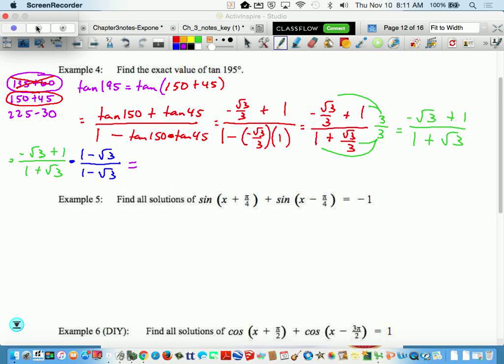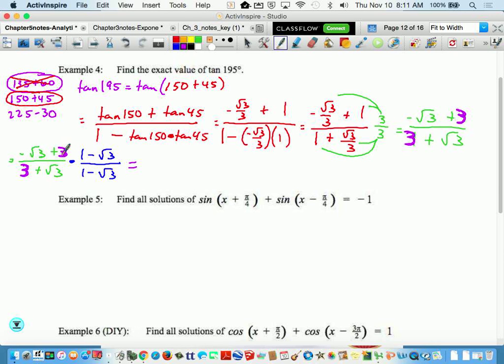When I did this step right here, 3 times that would get rid of the fraction, but these should have been 3's. Sorry. Thank you. Right? 3 times 1 is 3. That's right. So these should have been 3's.